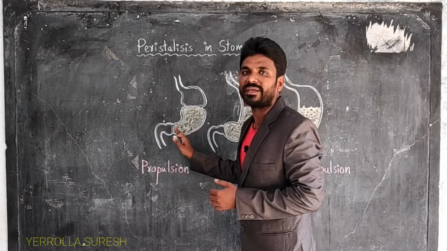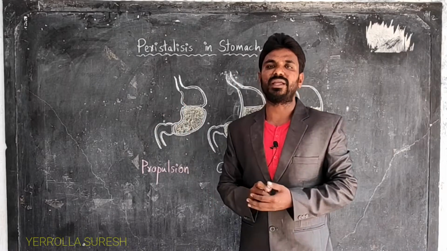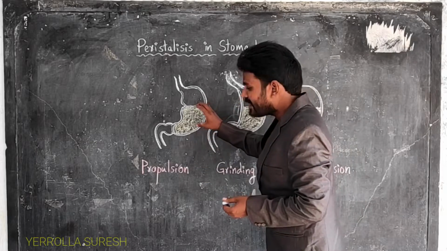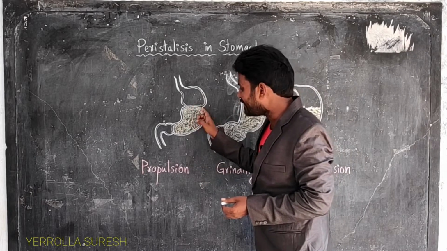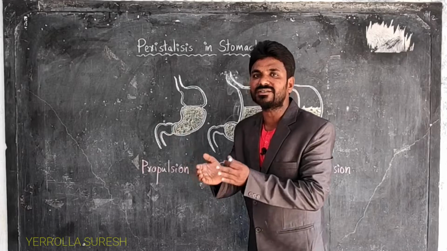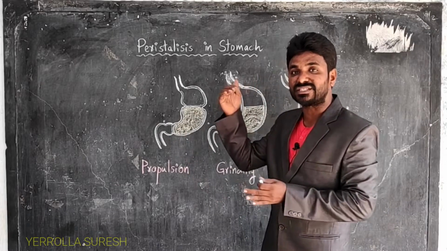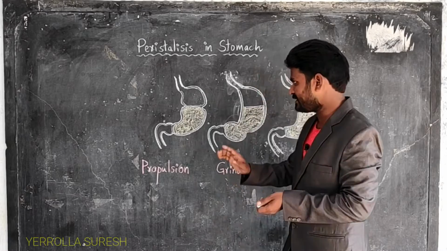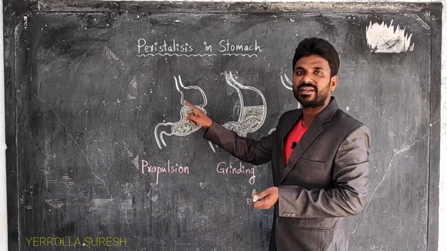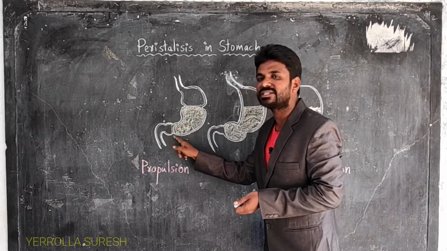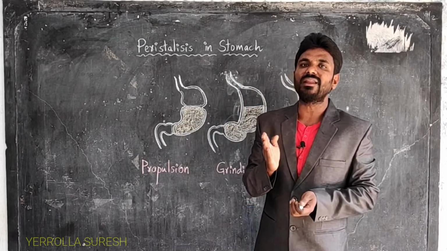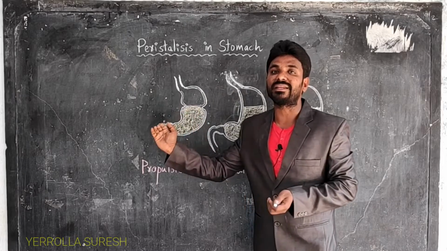The pyloric sphincter allows only some amount of food material into the small intestine at regular intervals, after the churning process which takes place inside the stomach. Here is the cardiac stomach, here is the pyloric stomach, and this opening is the pyloric sphincter.